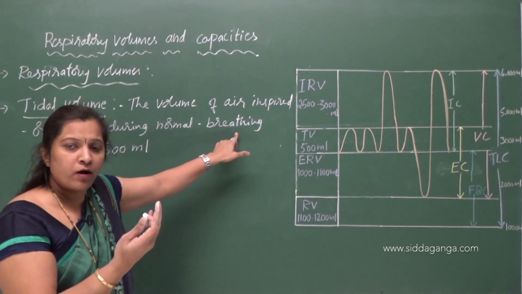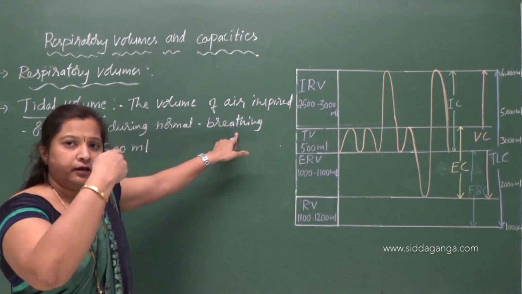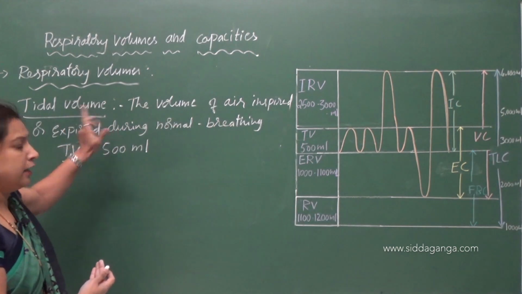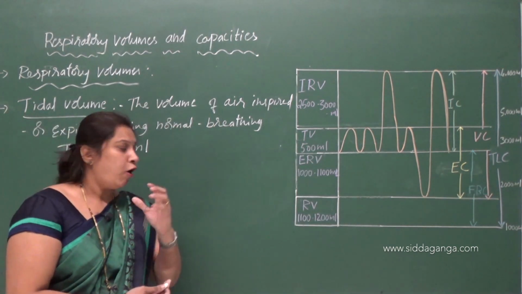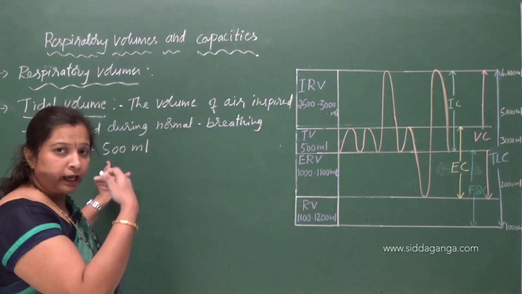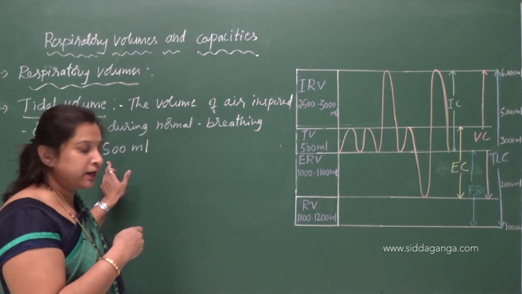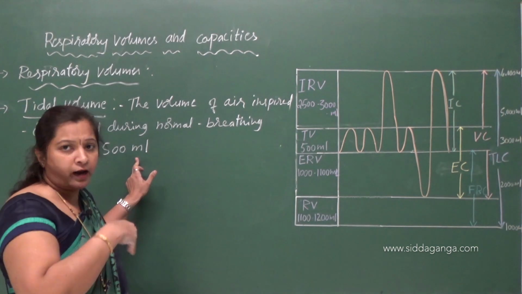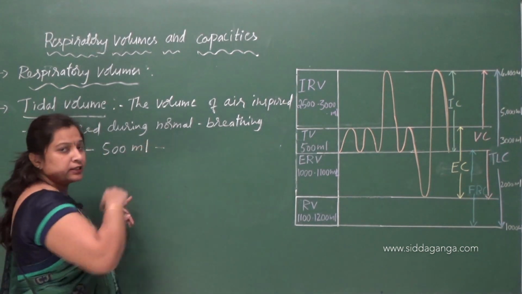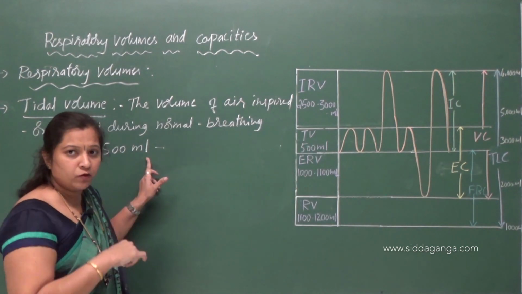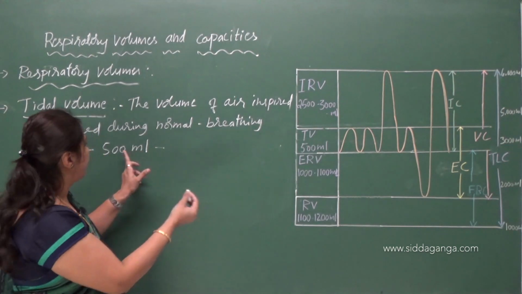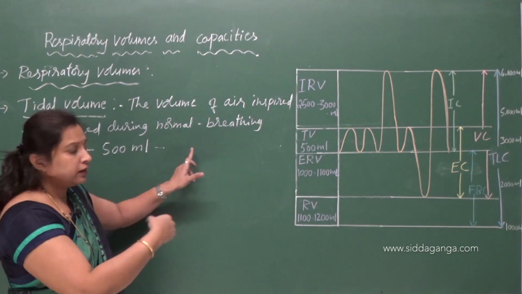During normal inspiration, we inhale 500 ml of air. So during inhalation, how much volume of air goes inside? 500 ml of air goes inside. And how much air comes out? Again 500 ml of air comes out.